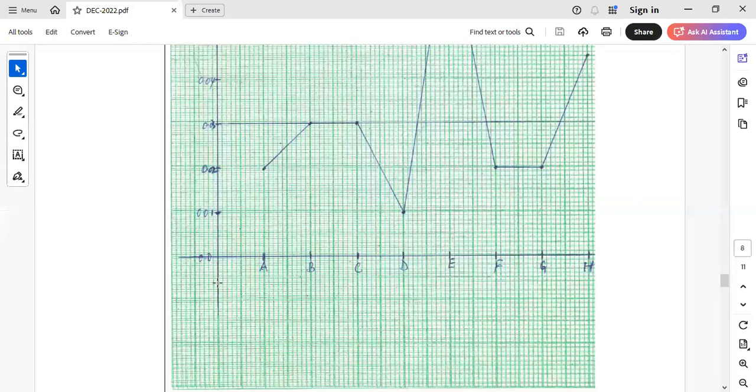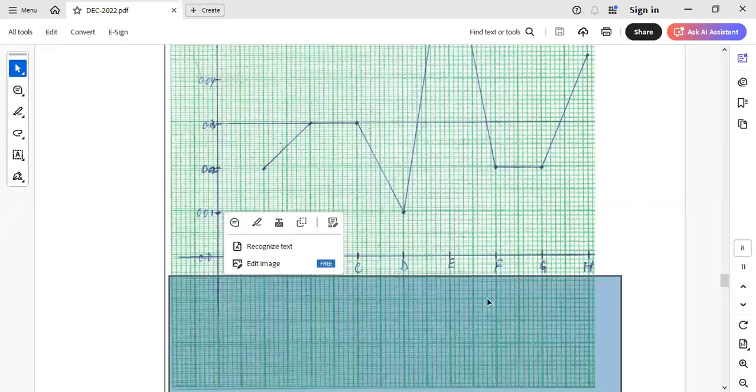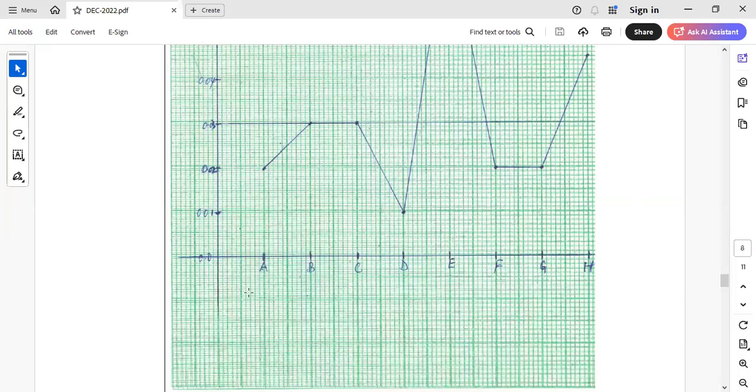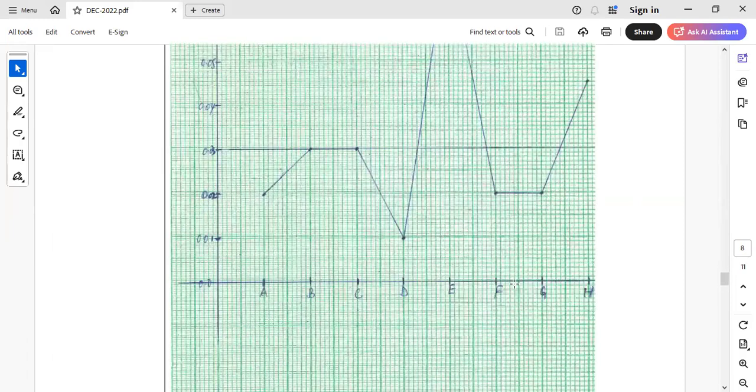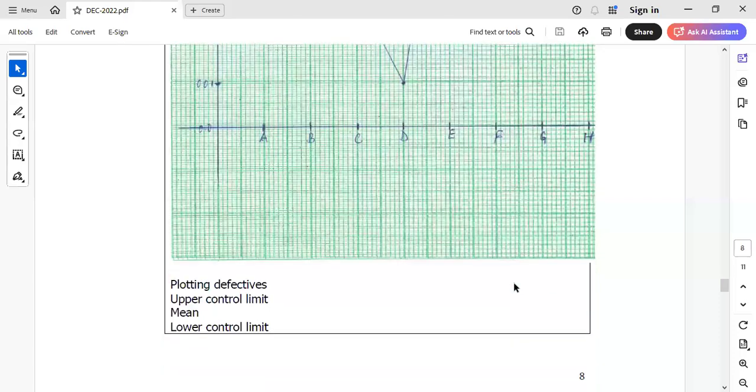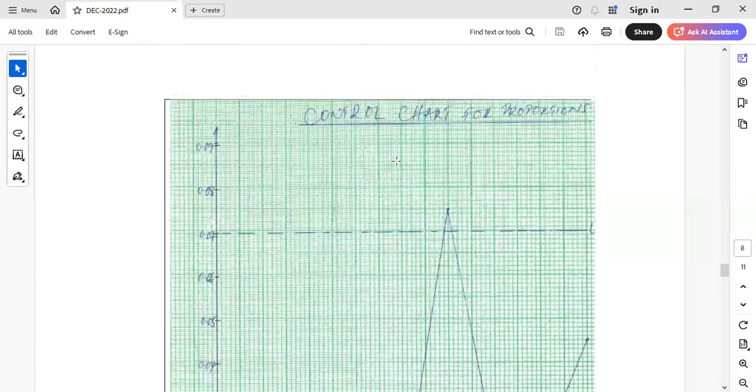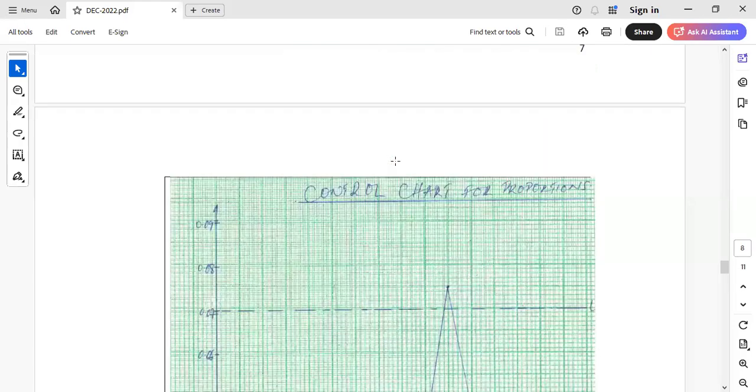So negative 0.01 is around here. Around here you put a line. Okay, and that will be all for your control chart.